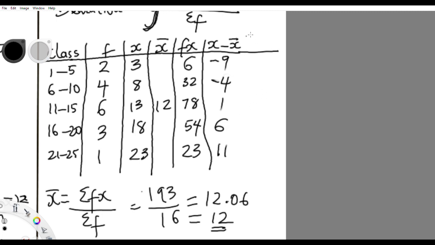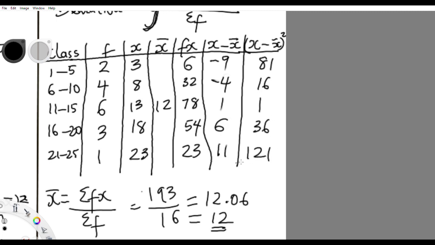Now let's find x minus x bar square. So minus 9 times minus 9, that's 81. 4 times 4, 16, 36, 121.